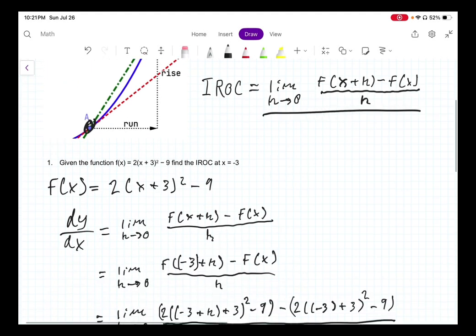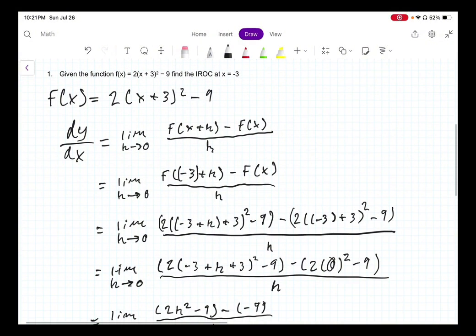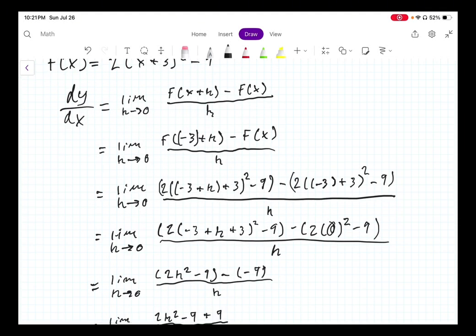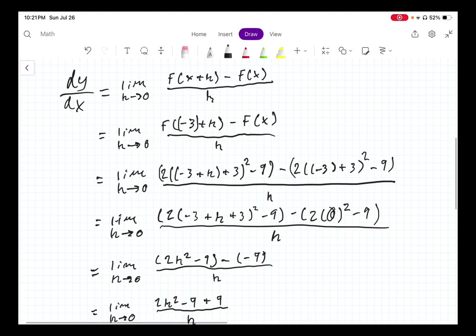Now moving to an example. So given the function f of x equals 2 times x plus 3 squared minus 9, find the IROC at x equals negative 3. So the first thing I like to do is set up Newton's quotient. So we set that equal to dy over dx, which is just the proper notation for using Newton's quotient.